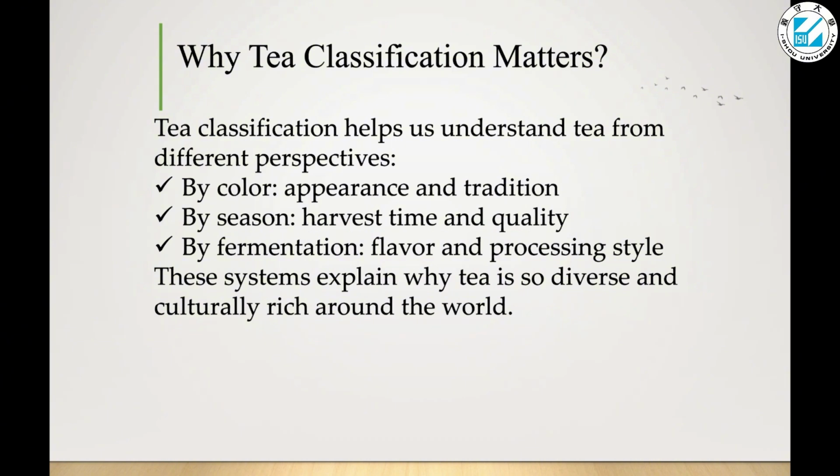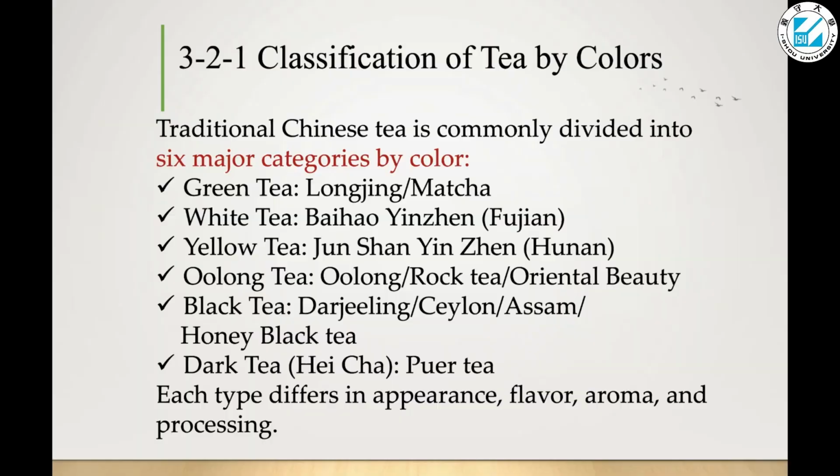Fermentation gives you the fundamental knowledge about the flavor and the processing style. Whether it's steaming or stir frying will make the flavor different. We will talk about that later. This system explains why tea is so diverse, and why the tea drinking culture is so rich around the world. All right, now let's talk about classification of tea by color.